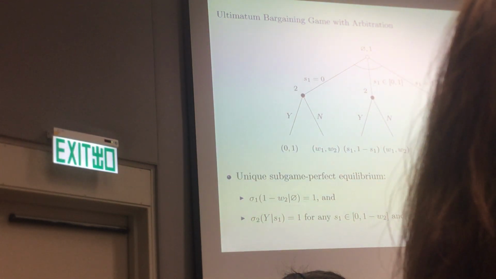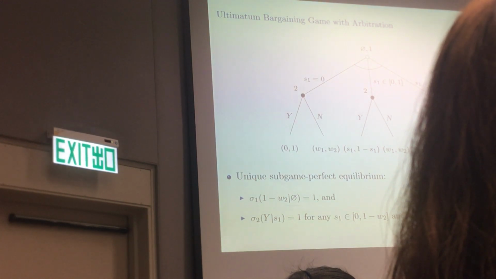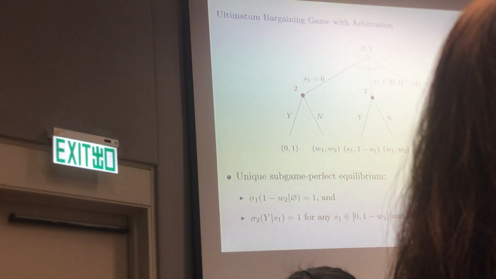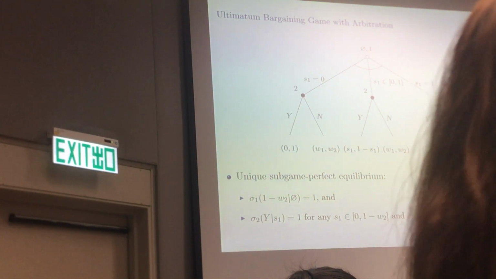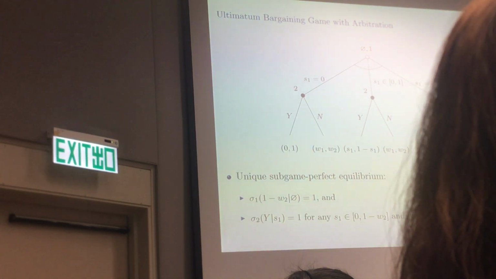And the equilibrium analysis tells us that player 1 allows player 2 to enjoy exactly the payoff equal to the outside option, and then player 1 enjoys the remainder of the pie after subtracting the portion equal to the outside option of player 2. Okay?